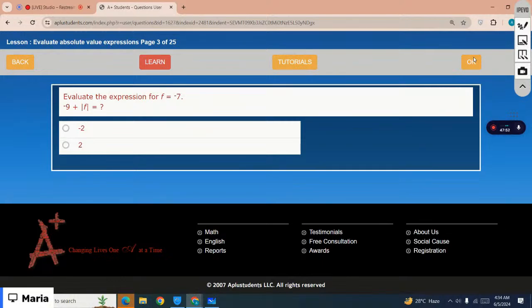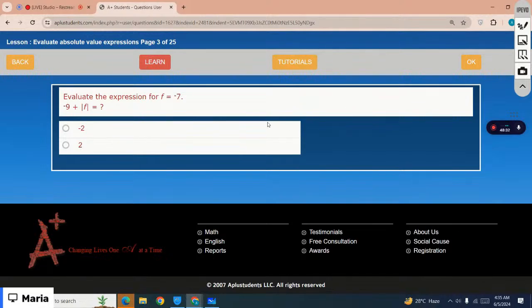Evaluate the expression for f equals -7. So which is the correct option? -2 it is.